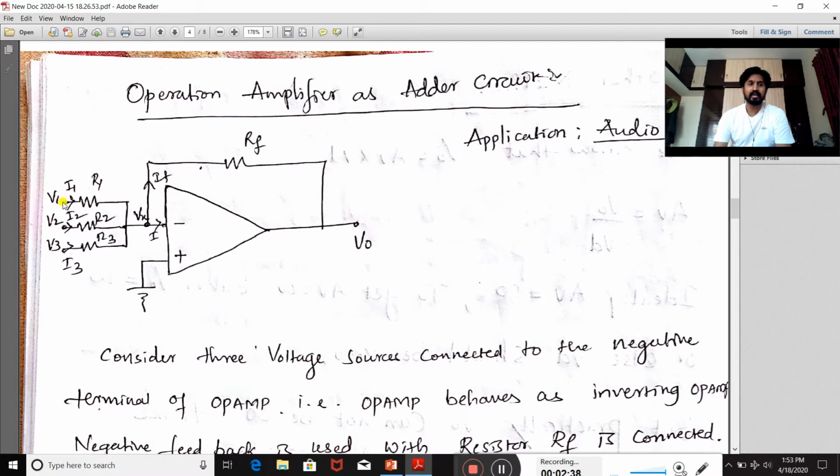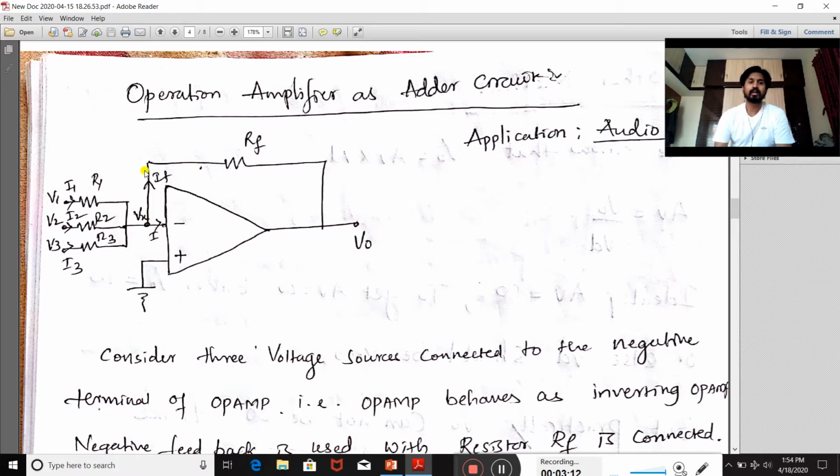And let's see here, three resistors are connected together to the negative terminal of the op amp. This makes the common node. Now three different voltages are connected individually, so three different currents are going to pass through three different resistors named R1, R2, R3. And at the node, part of the output is connected to the input.